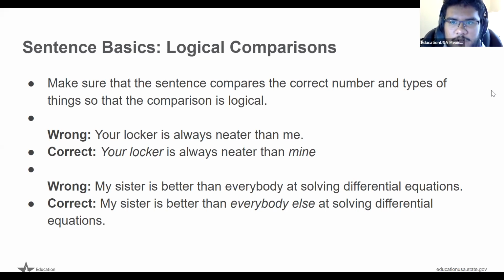Compare that with the correct example, "My sister is better than everybody else at solving differential equations." There it is more clear that it's talking about people in a specific context, maybe people in her school or in her class. I will let Danielle continue from here.